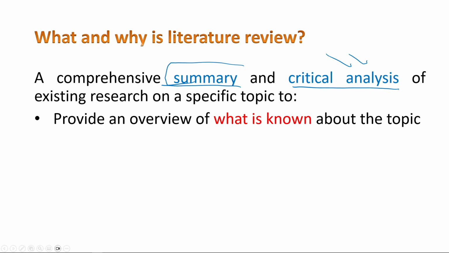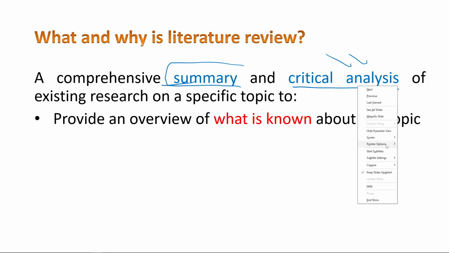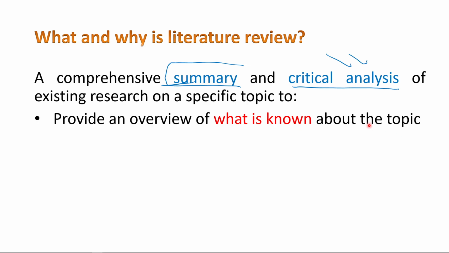So you provide an overview of what we already know about the topic. We talked about this, so you provide this is what we know, and why do we do this? Because once you tell the reader what we know, you will be easily able to justify the novelty of your research.